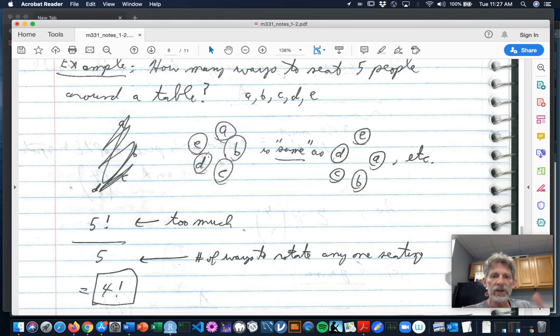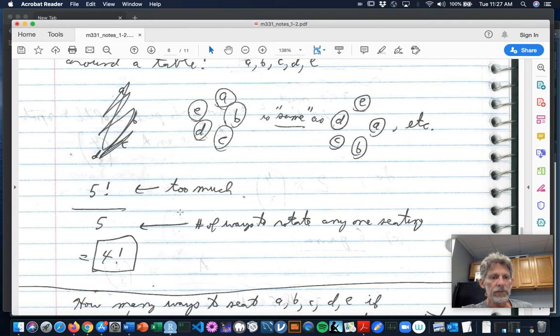What you notice is that for any one placement, there are 5 rotations, of which that one is one of them. Here's one rotation, but you could have also moved everybody 2 over, or 3 over, or 4 over, or 5 over. So you have to divide by the 5 ways that you could rotate around.